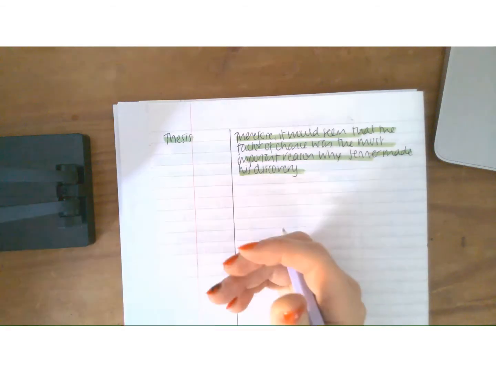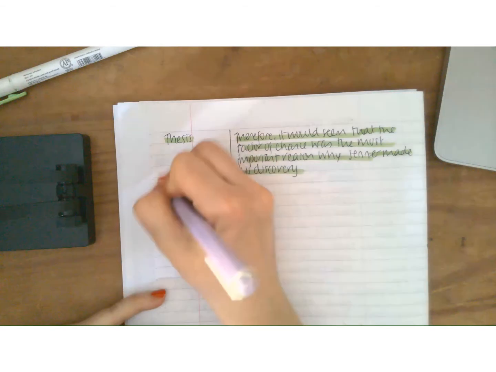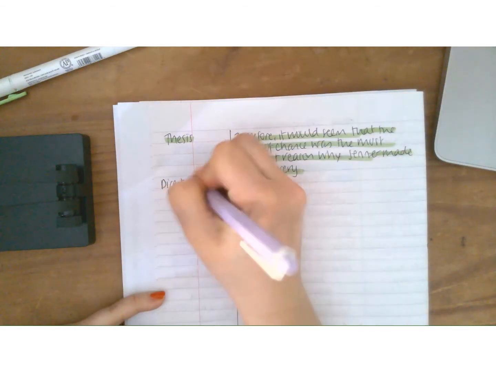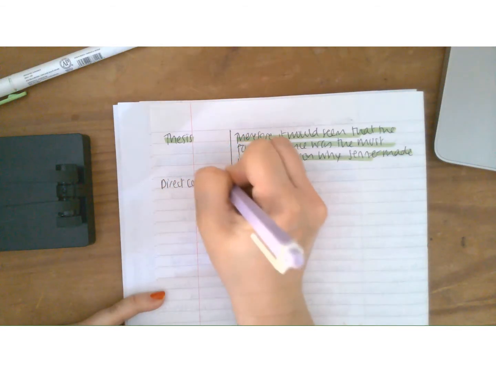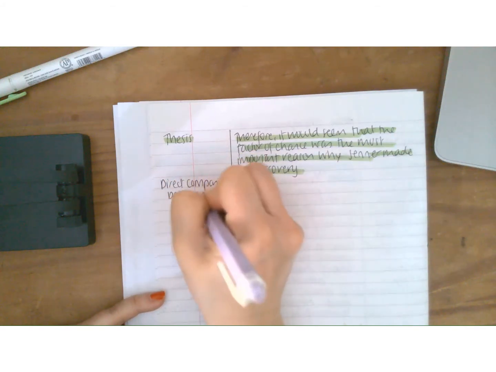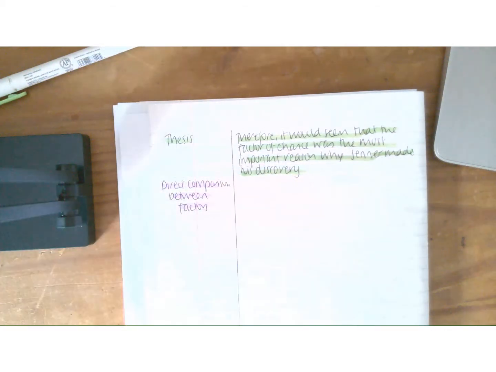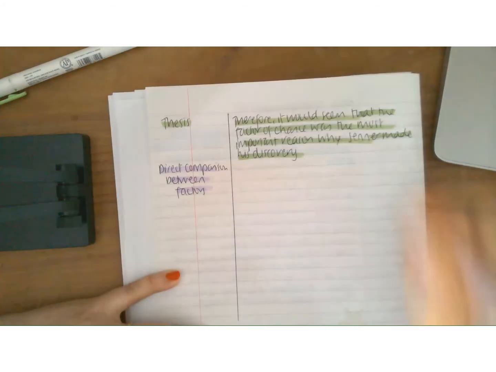And for that to work, for that to happen, we need to see direct comparison between factors. Okay, so it's not just enough to tell me that chance was important. We need to specify why chance is more important than the others.